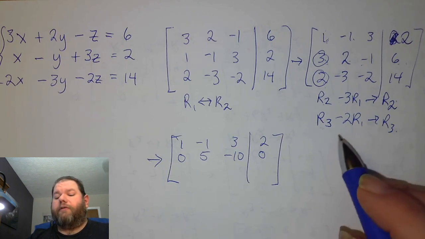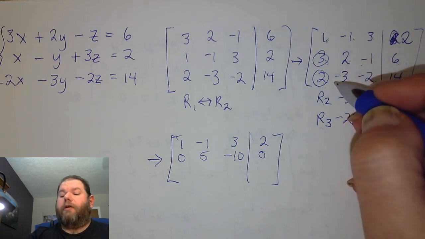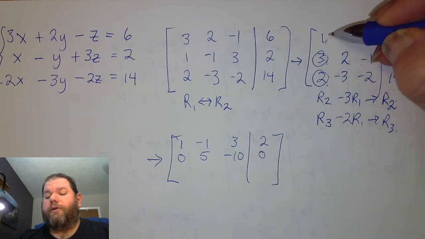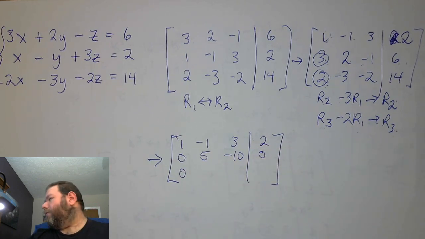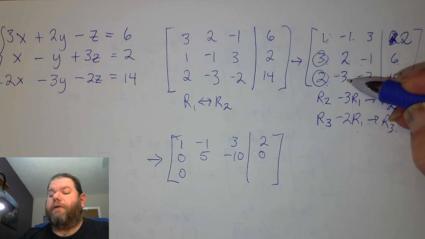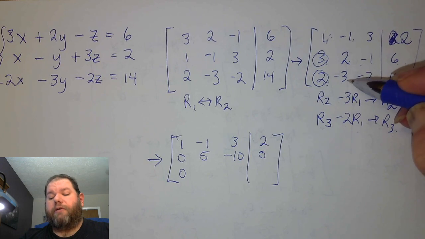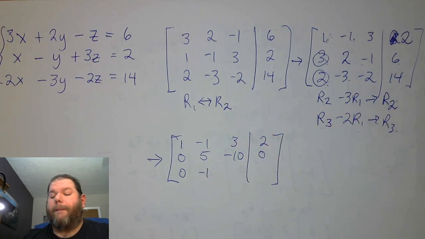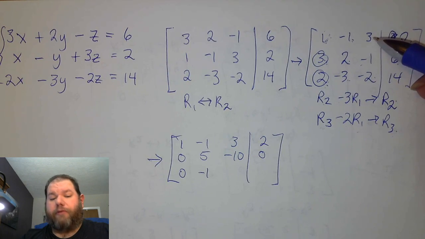Now for row 3, we said row 3 minus 2 times row 1 is row 3. So row 3 is a 2, row 1 is a 1. So 2 minus 2 times 1, 2 minus 2, gives us the 0 as we wanted. -3 minus 2 times -1, -3 plus 2 is -1. -2 minus 2 times 3.